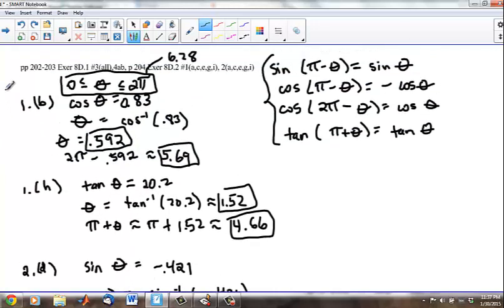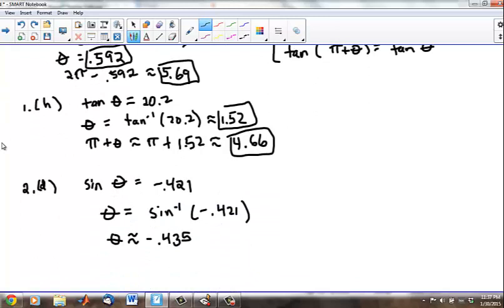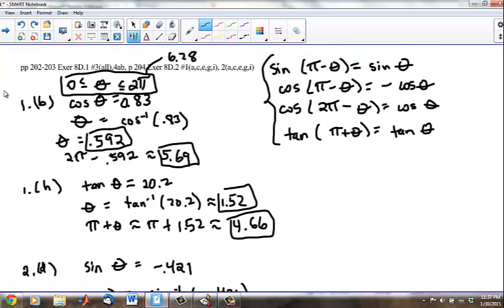So we're going to need to use our trig identity probably twice here. The first one says that sine of pi minus theta is equal to sine of theta.